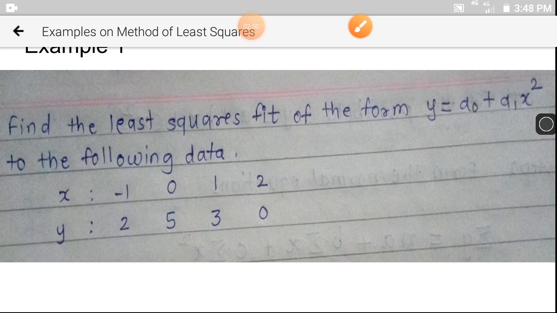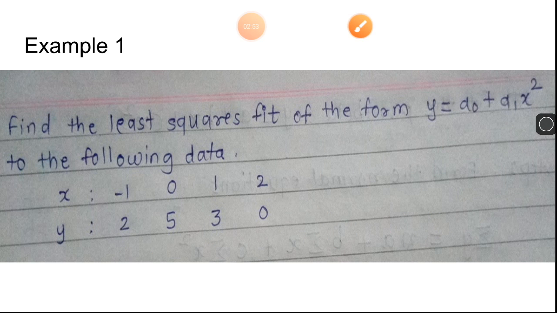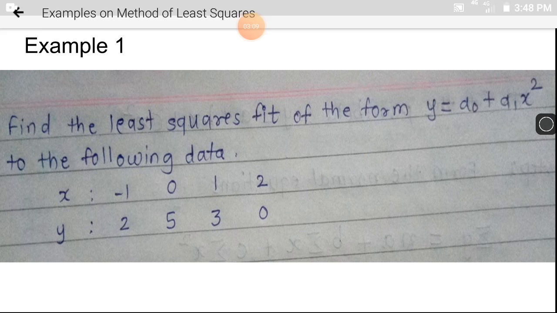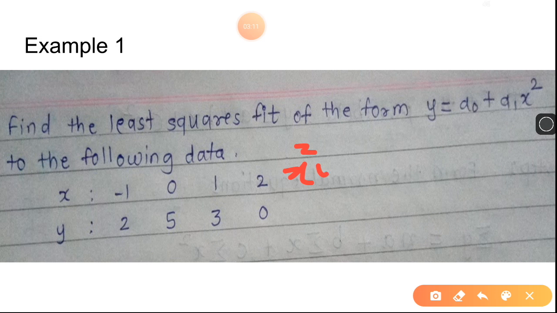The second normal equation will be determined from coefficient of constant a1. The coefficient of a1 is x square. So we have to multiply the given equation by x square. Then it becomes x square y is equal to a naught x square plus a1 x to the power 4.